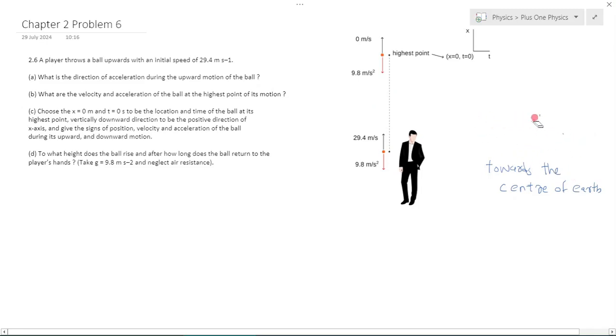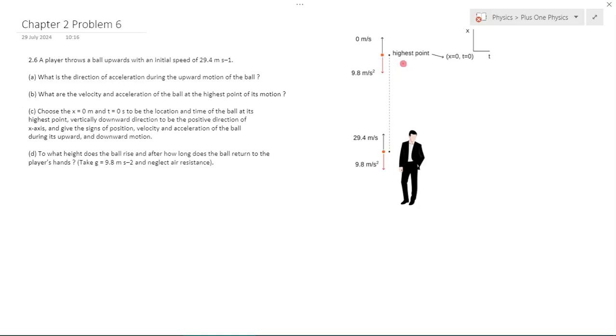Then the second question: what are the velocity and acceleration of the ball at the highest point of its motion? When the ball reaches its maximum height, there will be zero velocity.